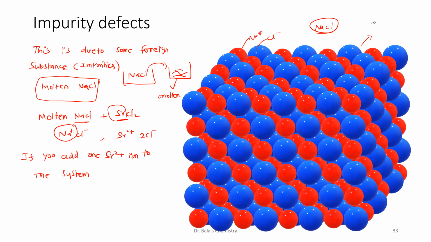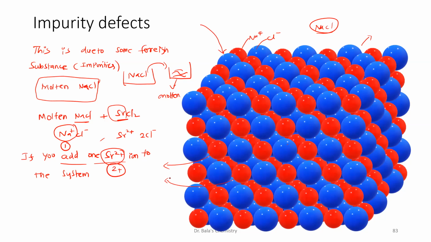The number of positive charges equals the number of negative charges, because it is an ionic solid. Sr2 plus has 2 plus charge, but Na has only 1 plus charge. So 2 Na plus has to come out of the system to neutralize the charge of 1 Sr2 plus. Am I right?